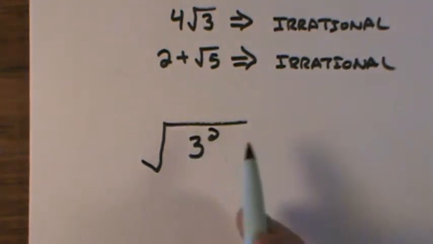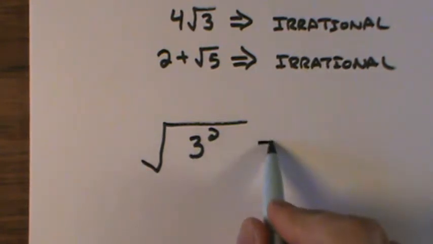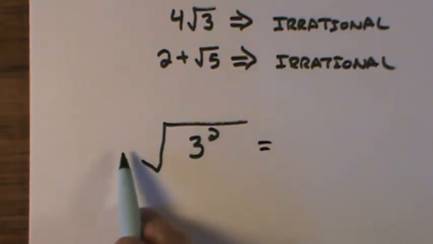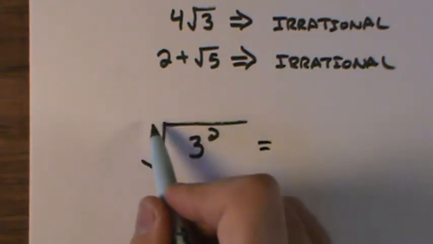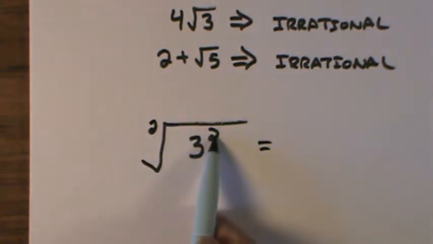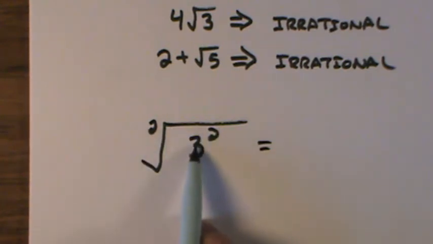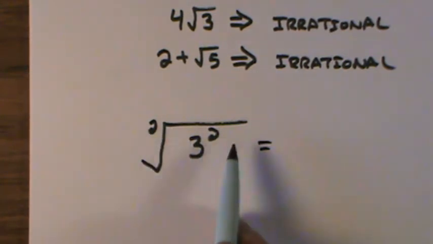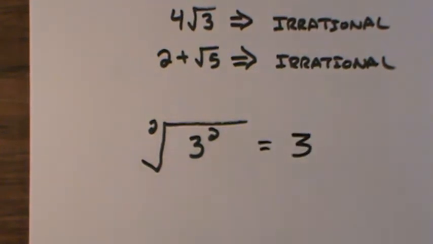Of course, we all know that 3 squared is 9. That means that this is the same as 3. Why? When it comes through the airport security, the implied 2 that's here will cancel or take that ticket and allow the 3 to come through without its ticket. It just becomes a regular 3.